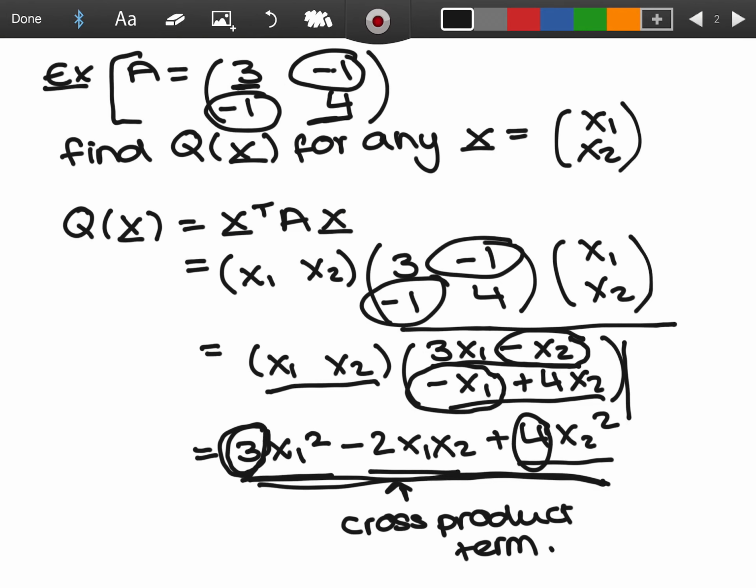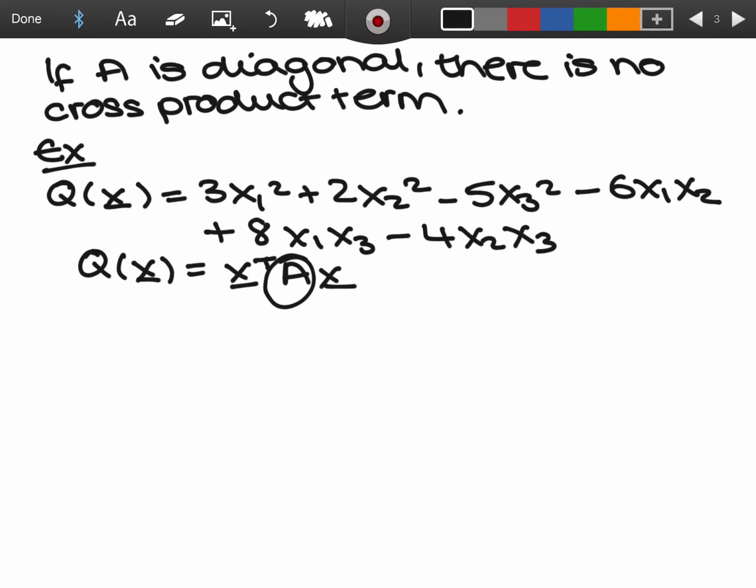And if you carry on like this, the coefficient of x3 squared would have been the third diagonal element had you had a larger matrix. So I already know that my entries on the diagonal are 3, 2, negative 5. So I've got that part already. I know I'm dealing with a 3 by 3 matrix for a start, because I've got up to x3. So I've got 3, 2, and negative 5.